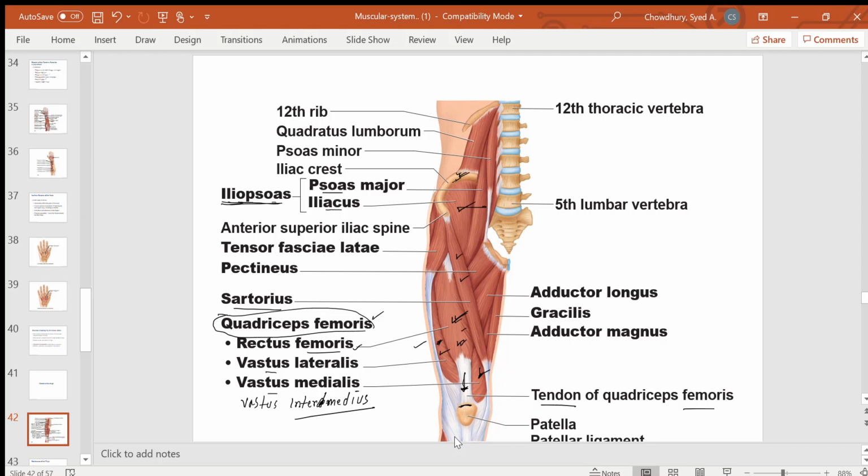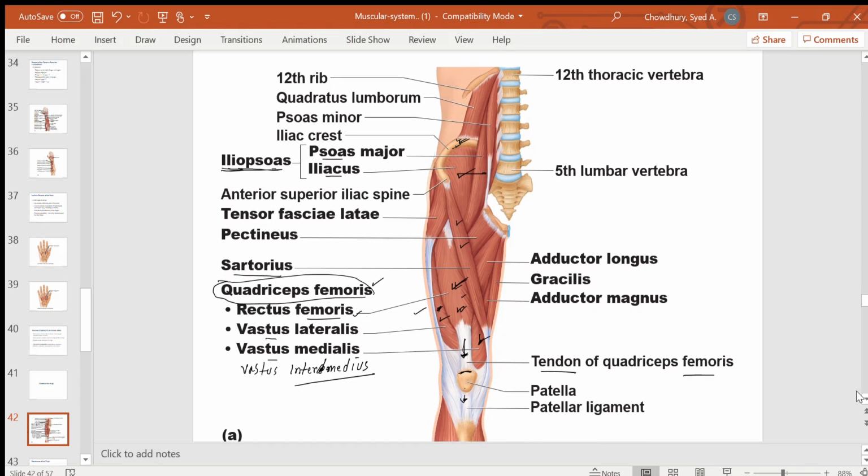And then from the patella, a ligament goes down to get attached to the tibial tuberosity. This is called the patellar ligament. So patellar ligament is here. So above the patella, quadriceps tendon, and below the patella, patellar ligament.